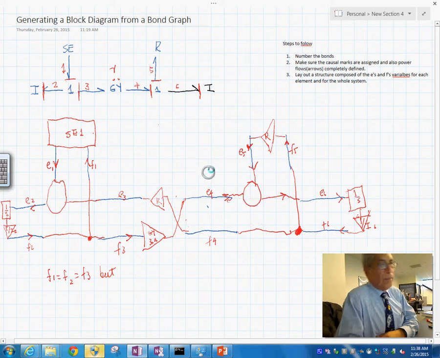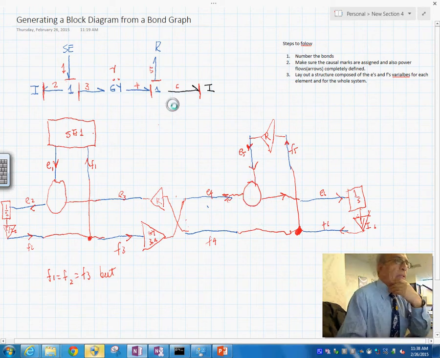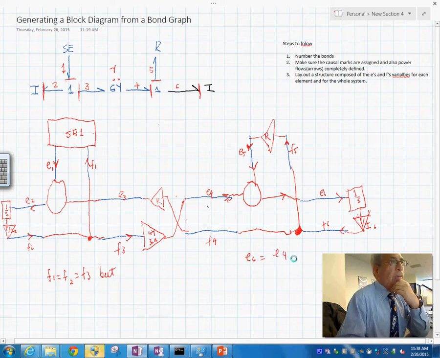Now we have to look at the signs because you see the output here is E sub 6. So E sub 6 is equal to E sub 4 minus E sub 5.